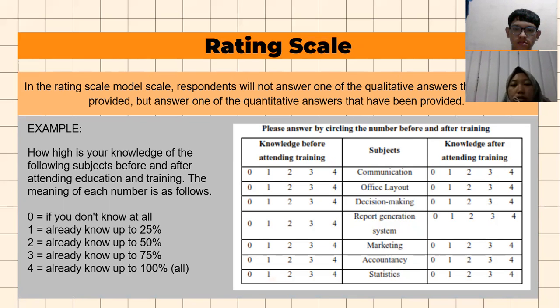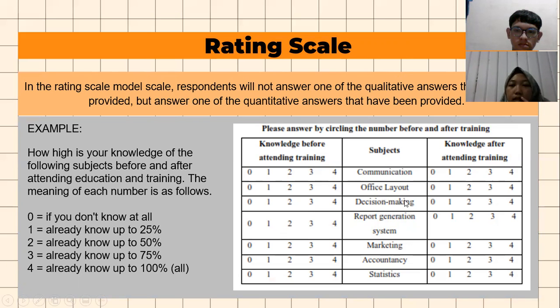So this is for the knowledge before attending training, 0 until 4. For example, the subject is communication. And then knowledge after attending training. So you must checklist 1. I'm sorry, maybe 0 or 1 or 2 or 3 or 4 for the subject communication.